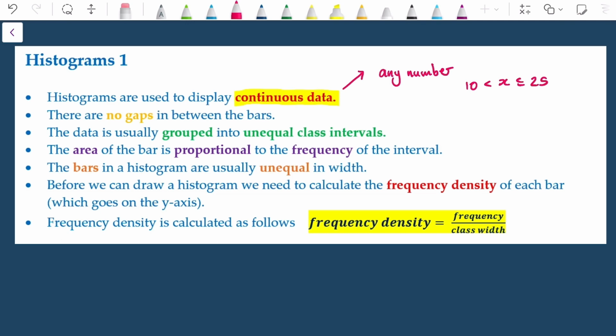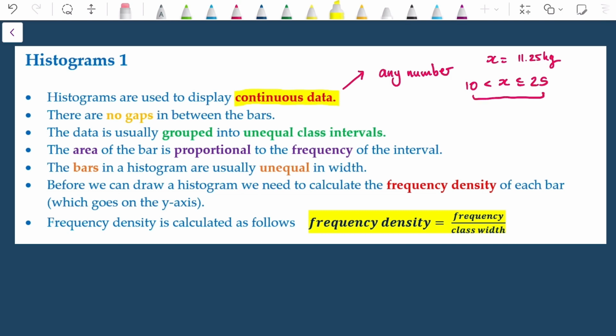If x is the weight, let's say the weight of cats in a cattery, just to make up a random example, then x can be any value. So the cat could be 11.25 kilograms. It can take any value between the upper and the lower boundary.